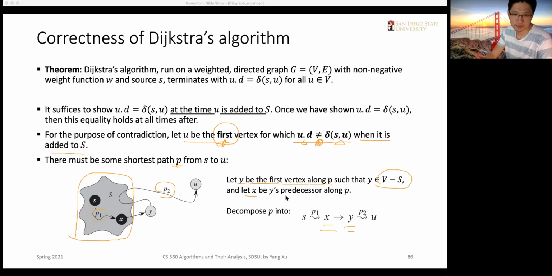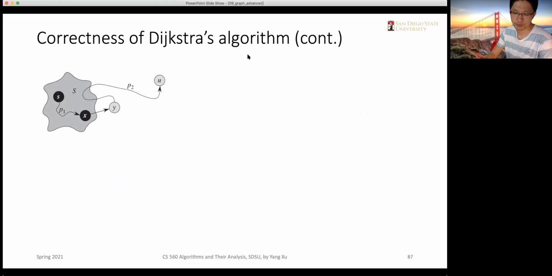And let x be y's predecessor, which means x is the immediate predecessor of y. So we basically decompose the shortest path into three parts: first a path, then one edge, and then the second path. Okay, so that's the decomposition, and let's see what contradiction we can get.